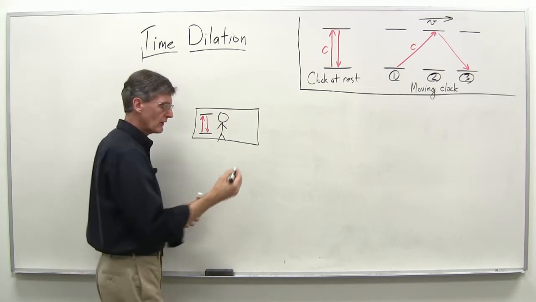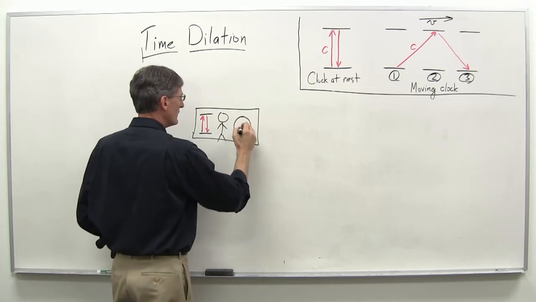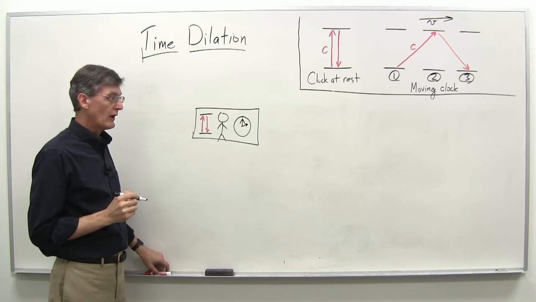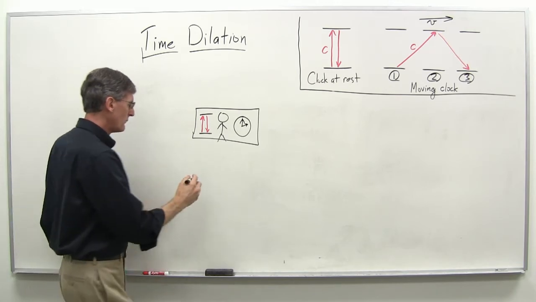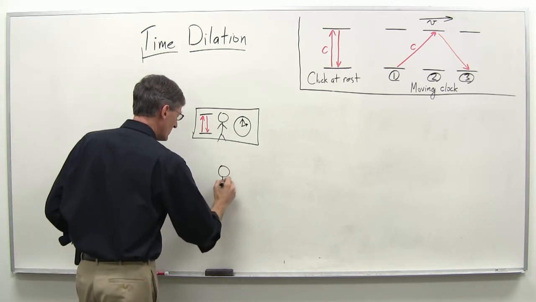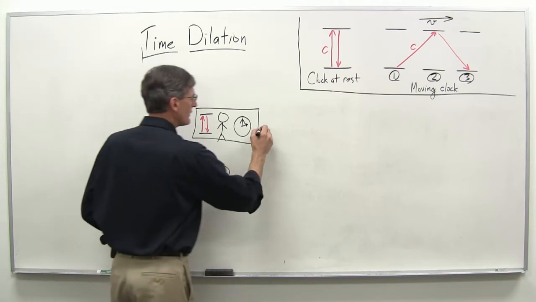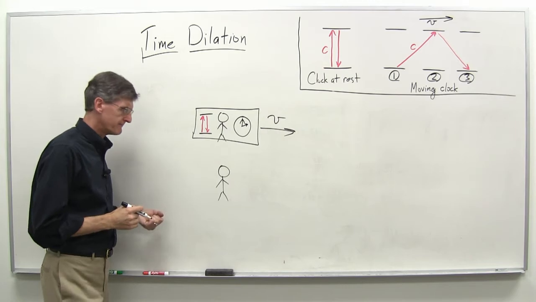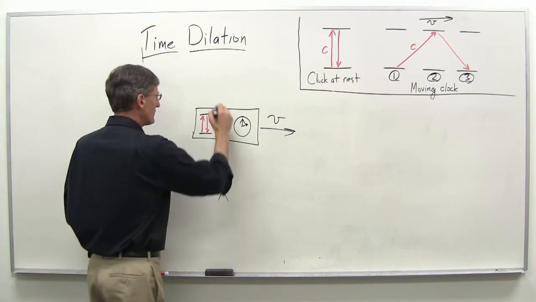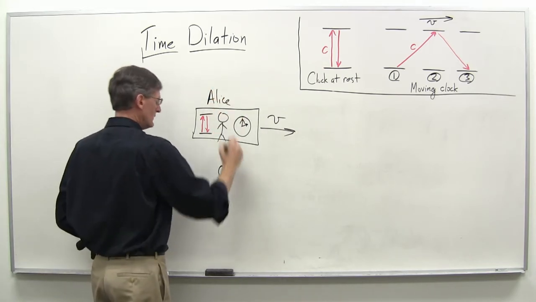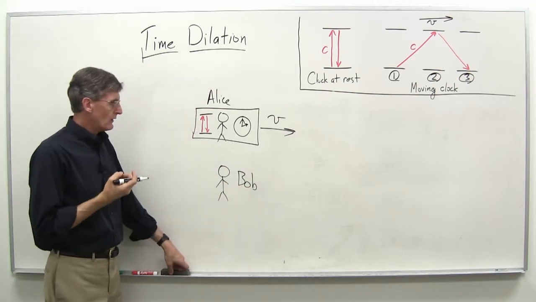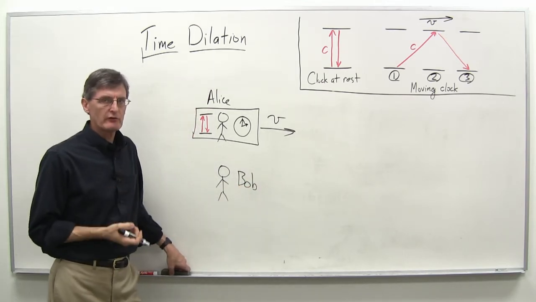And she also has a regular clock in there. So we'll just sort of draw it like that. Okay, so there's a light clock and a regular clock there. And then we have Bob out here, of course, observing. And Alice is moving with some high velocity v. So we'll say this is Alice, Bob observing. Okay. So let's say Bob takes a series of photographs.